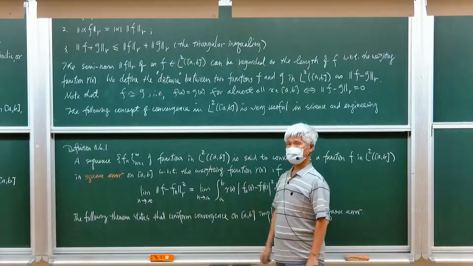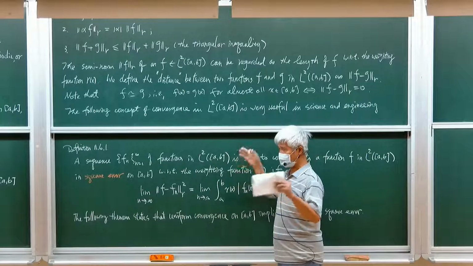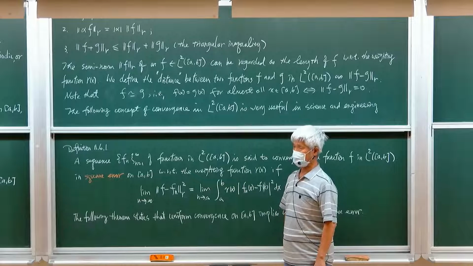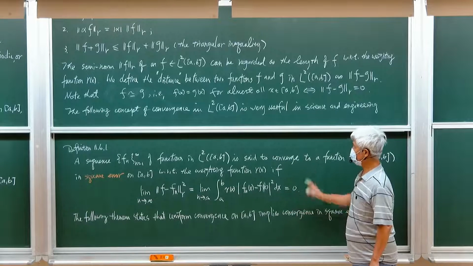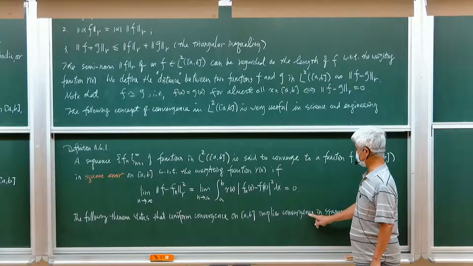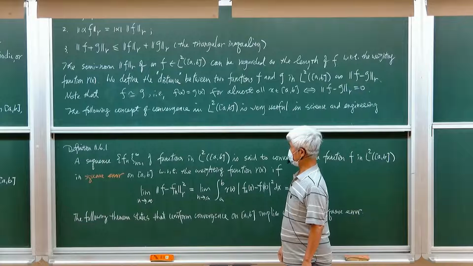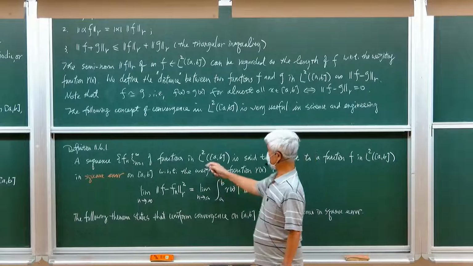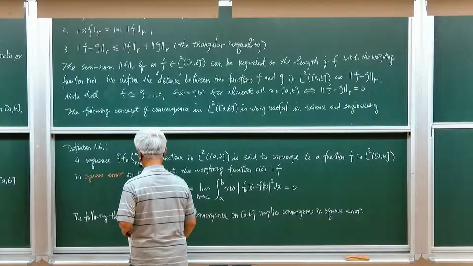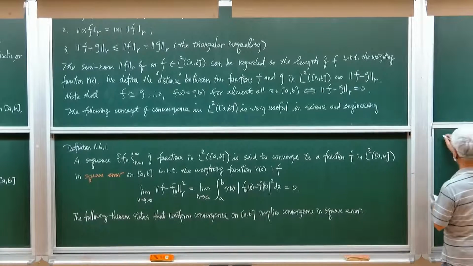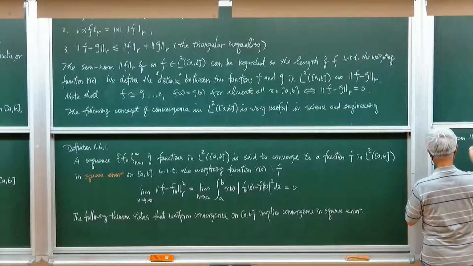But in L2, the class of functions is wider; they may not be continuous on the whole interval. We will see that with the concept of convergence in square error, we are able to prove some results on the convergence of functions in L2. But at first we will show that uniform convergence implies convergence in square error.